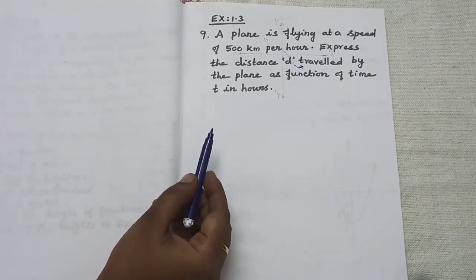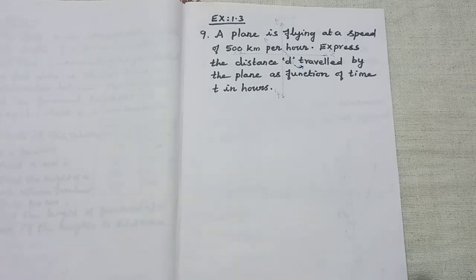A plane is flying at a speed of 500 km per hour. Express the distance d traveled by the plane as a function of time t in hours. A simple question this one. A plane is flying at a speed, here given, 500 km per hour.